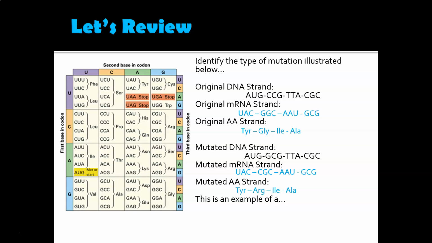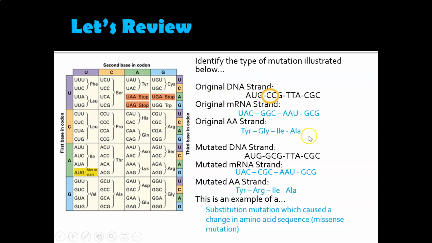If I come back to the original DNA strand and the mutated strand, hopefully you took notice that I've got a substitution mutation, specifically a missense mutation. So if you look, here's this C. In my mutated strand, it became a G. Originally this codon coded for a glycine.